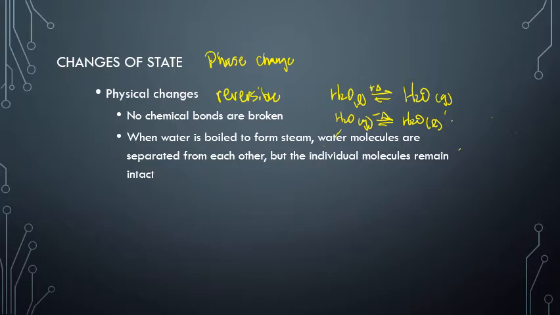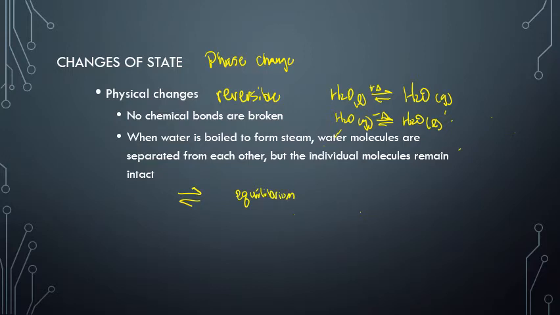We define that reversible process by using the double arrows. This is the first time that you're seeing that. Whenever you see the double arrows, that basically means that you have a reversible process, but it also will represent the fact that we can have an equilibrium reaction or process.